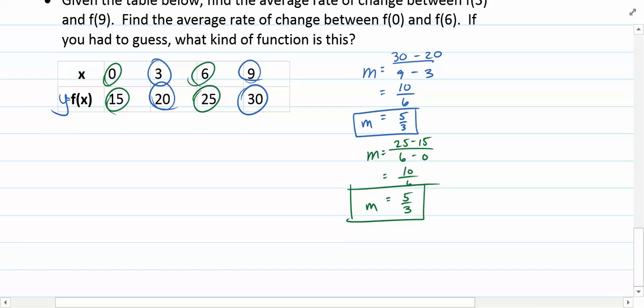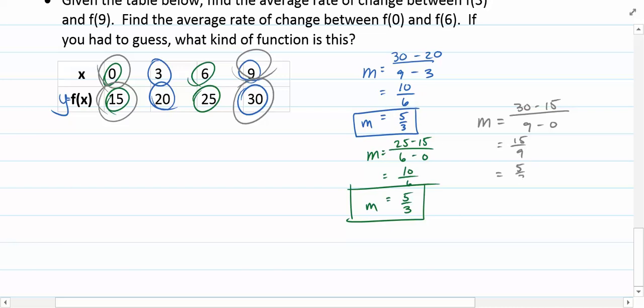Out of curiosity, I'd like to see what happens if I calculate the slope between the starting point and the ending point. So let's say 30 minus 15 divided by 9 minus 0. Well, this comes out to be 15 divided by 9. And I know the numerator and denominator can both be divided by 3.